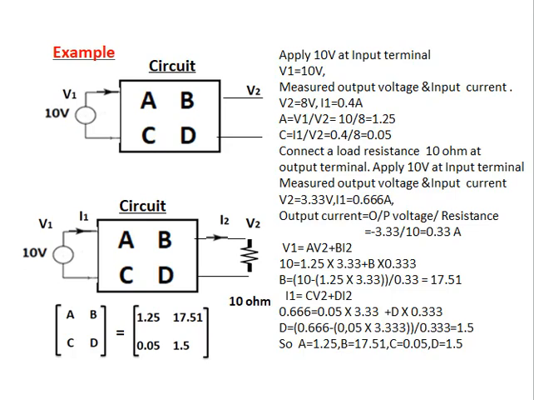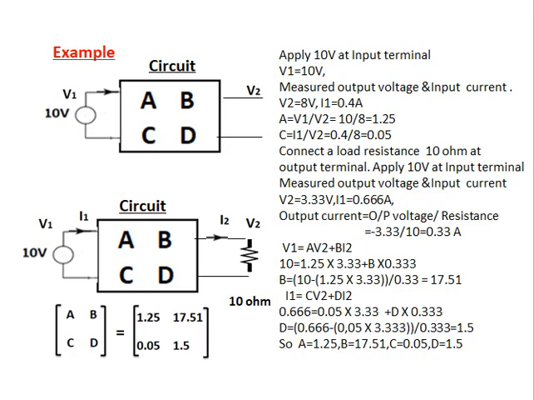V1 is equal to AV2 plus BI2, so 10 is equal to 1.25 into 3.33 plus B into 0.33. B is equal to 10 minus 1.25 into 3.333, whole divided by 0.33, equal to 17.51.